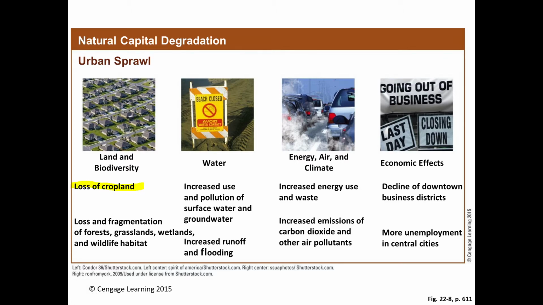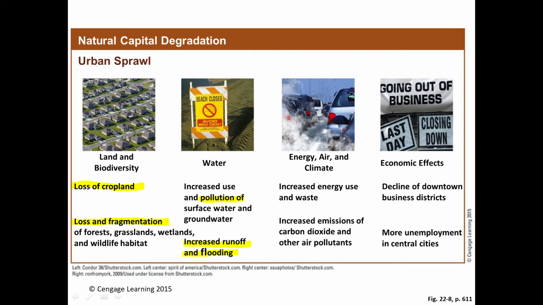We're getting rid of cropland, which means a lot of times we have to find it somewhere else. Habitat fragmentation. We're losing habitats for wildlife, which decreases biodiversity. Increased runoff and flooding. Pollution of water.